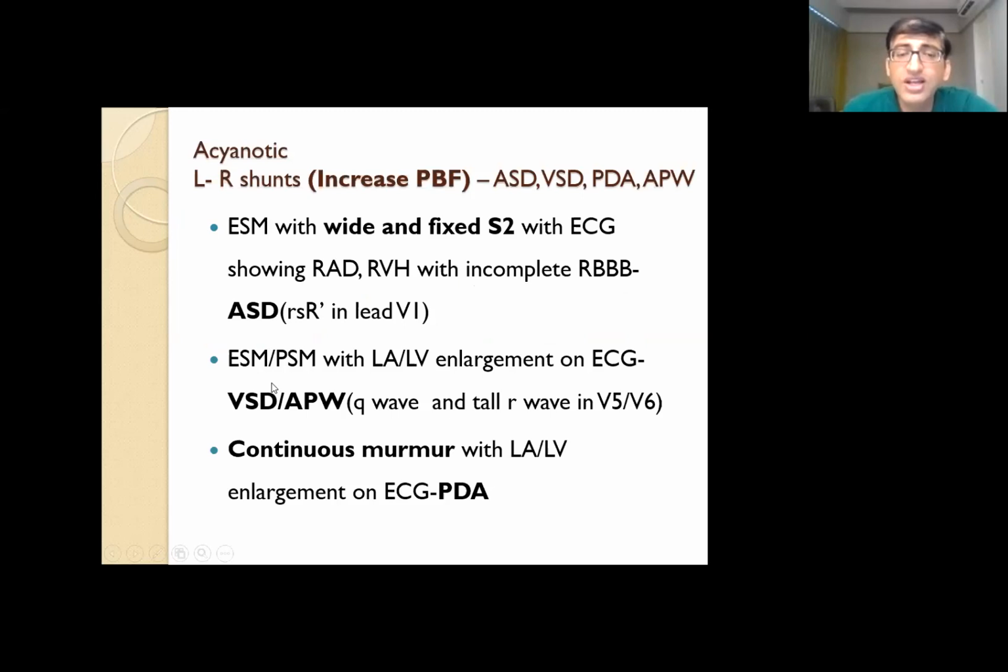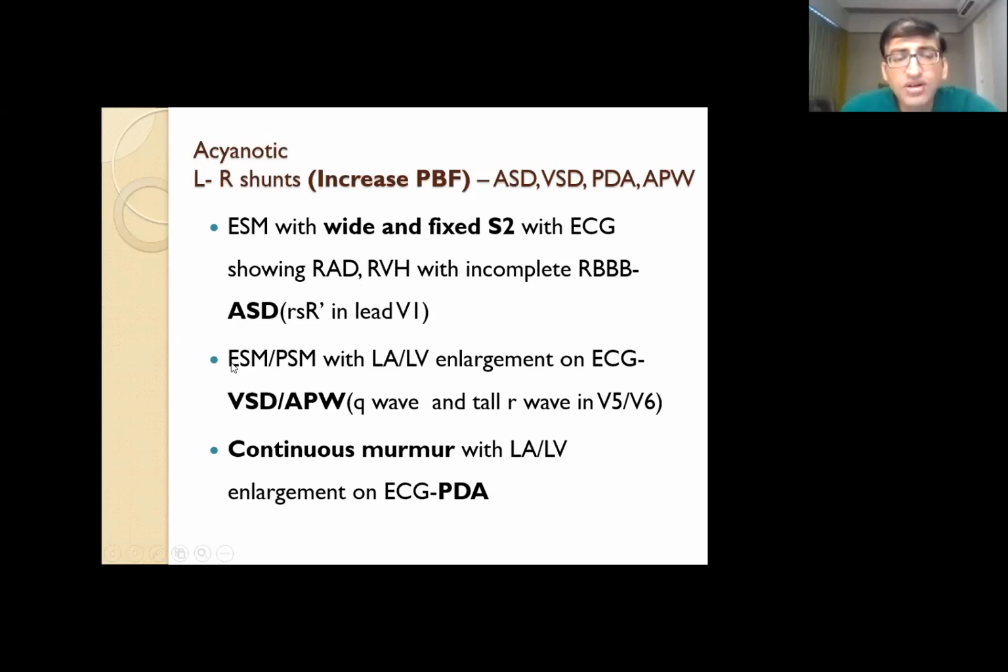If all three will have a systolic murmur, I am not very good at identifying whether it is an ejection systolic, a pansystolic, or a late ejection systolic. I only know that it is a systolic murmur or a diastolic murmur. So when you have a systolic murmur with a wide fixed second heart sound and ECG showing right axis deviation with incomplete RBBB, it is diagnostic of atrial septal defect.